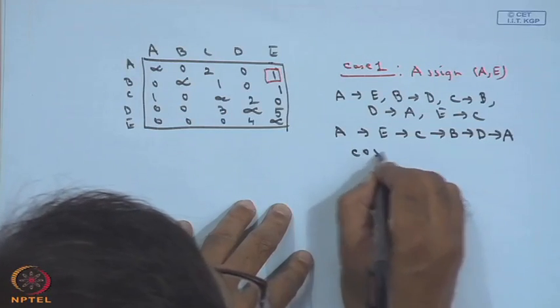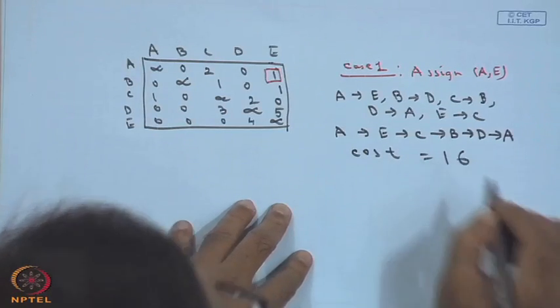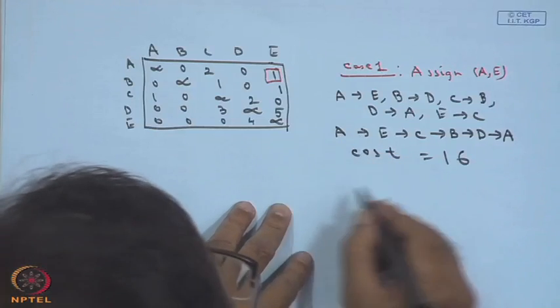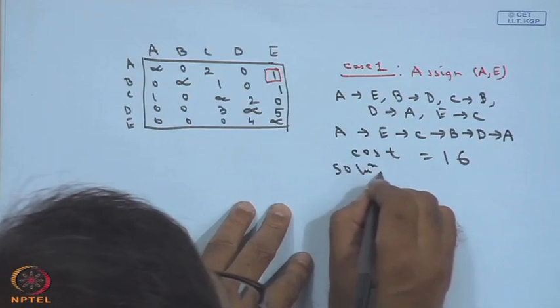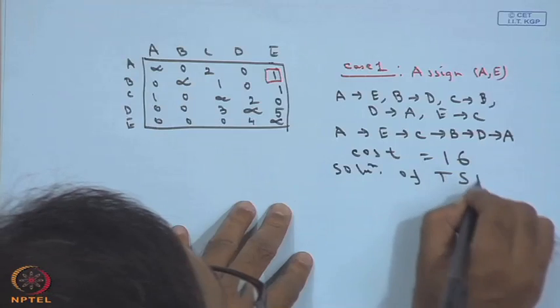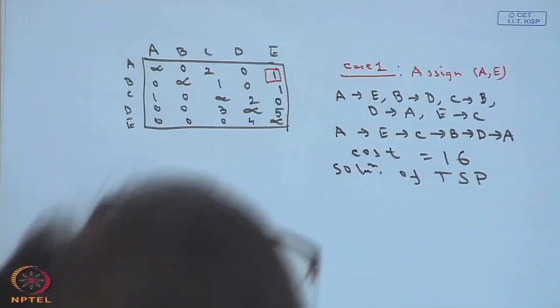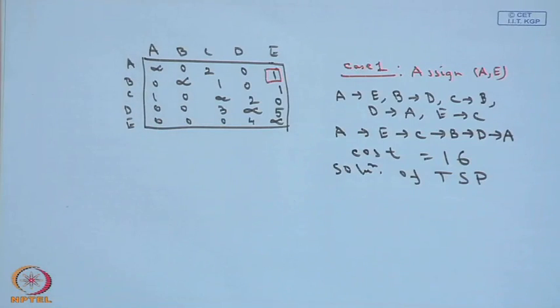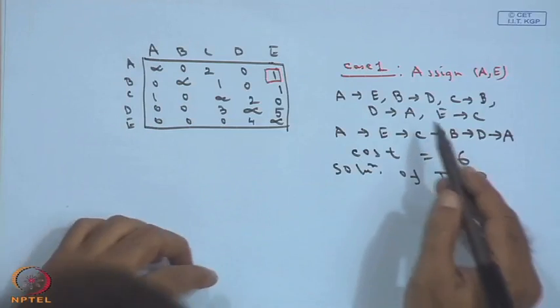If you calculate, the cost is 16. So, this is another solution of the travelling salesman problem.